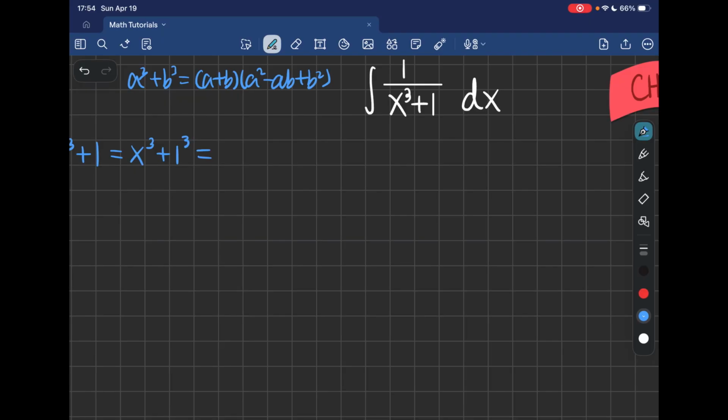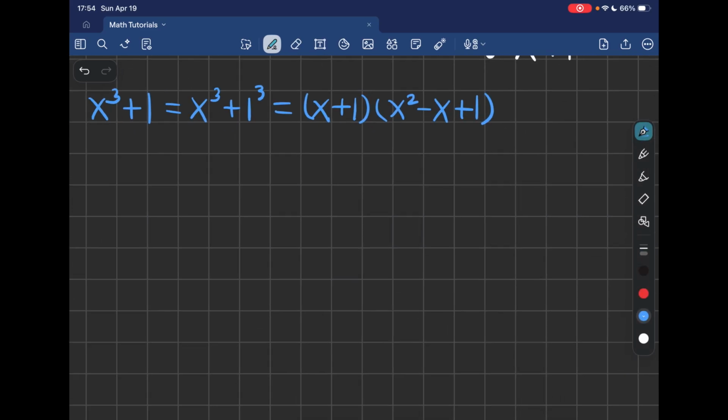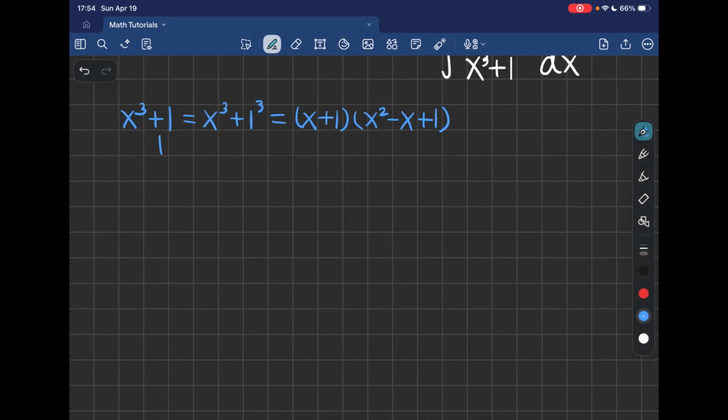So for this one, we have x plus 1 times x squared minus x plus 1. So we can rewrite this complex rational expression into this new factored form.